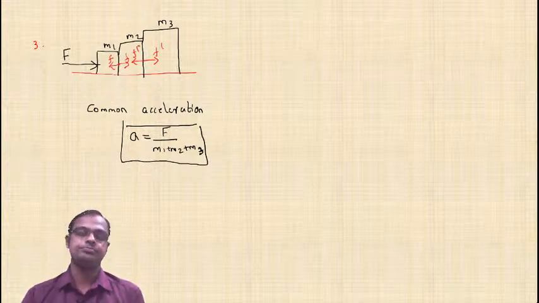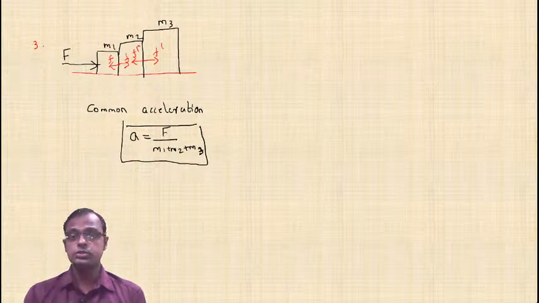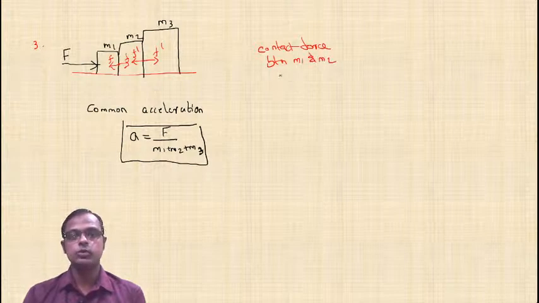Now the next question may be asked in the entrance exams as well as NCERT: what is the contact force between M1 and M2? The first one is the contact force between M1 and M2. That is equal to F. Correct? So what is the contact force formula?